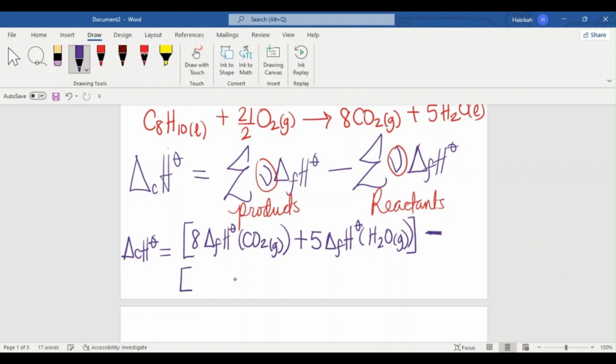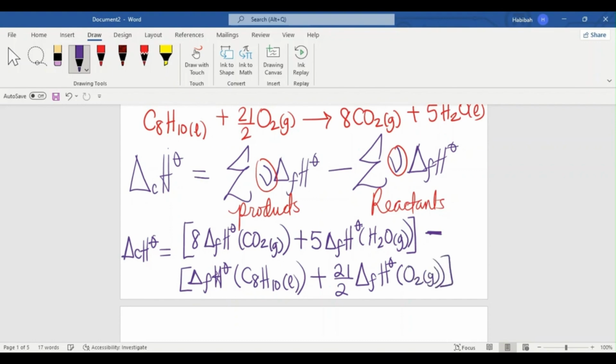Then you say minus, and we're going to do the one for the reactants. That would be the enthalpy of formation of C8H10, liquid, plus 21 over 2 brought forward, and then of course the standard enthalpy of formation of O2 gas.